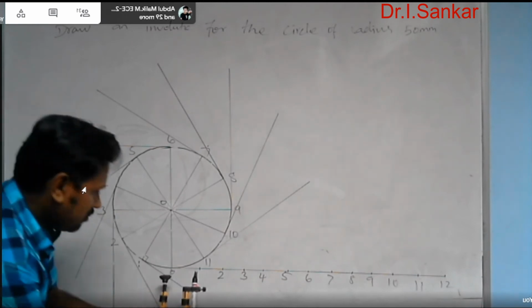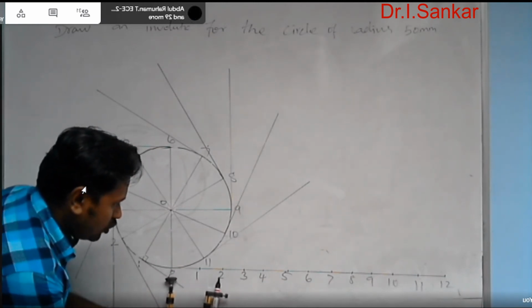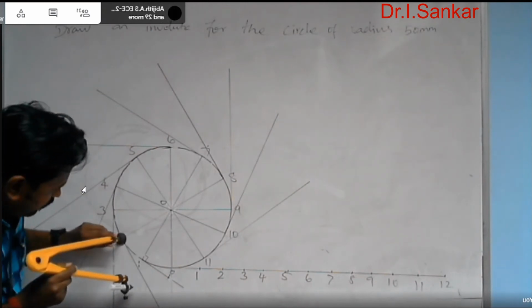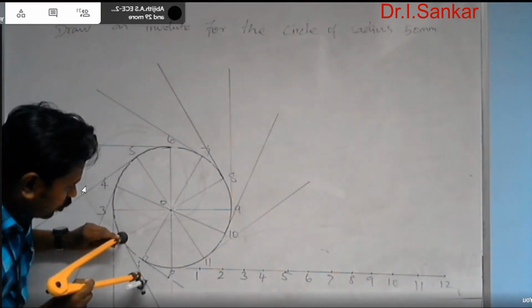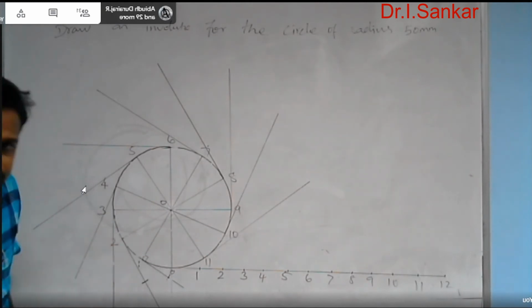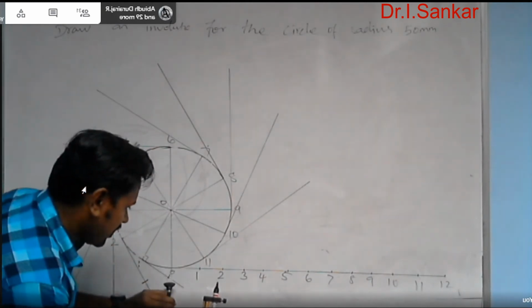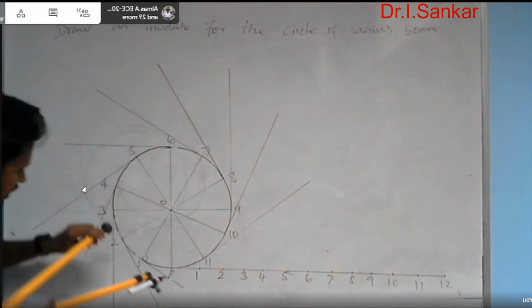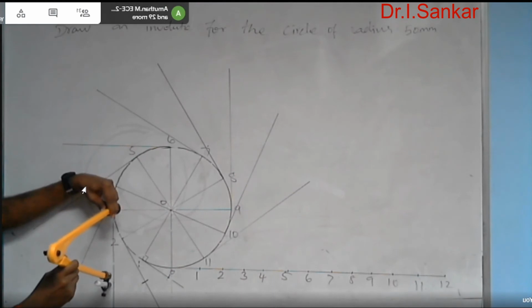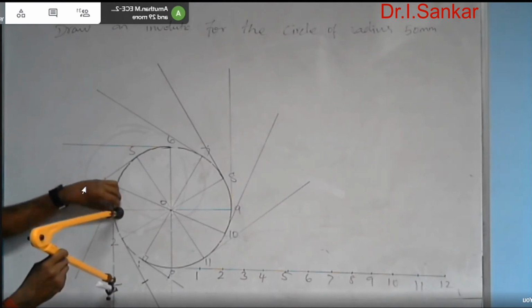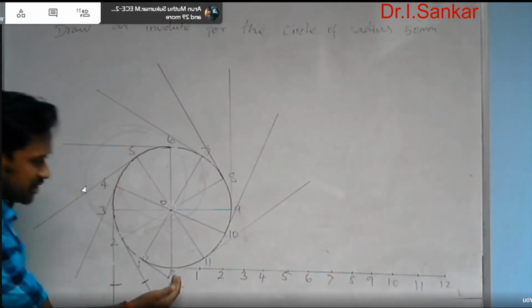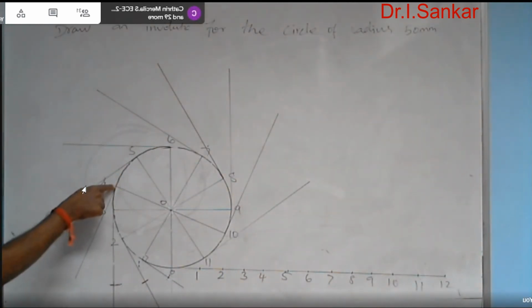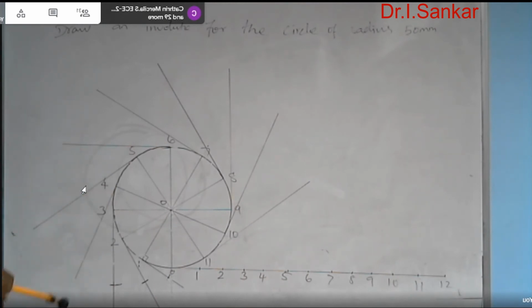The same way, measure O2 in your compass, and from point 2 cut one arc in the line of 2. Then measure O3, and from point 3 cut another arc in the line of 3. In the same way measure O4, and from point 4 cut another arc in the line of 4.